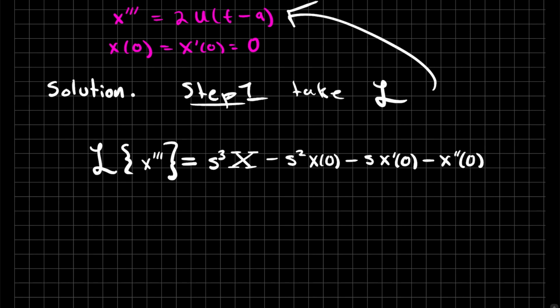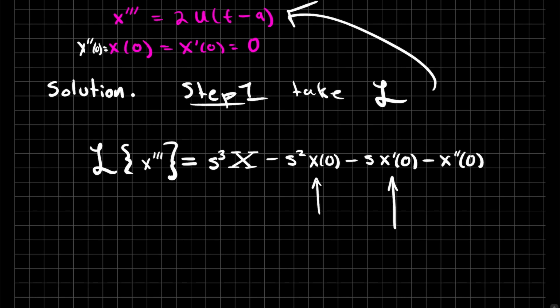Here is the Laplace transform of the third derivative. We have capital X, a function of s, which is the Laplace transform of little x, and then little x at the initial conditions, the first derivative and second derivative. I forgot to mention one more initial condition: the second derivative valued at 0 is 0.